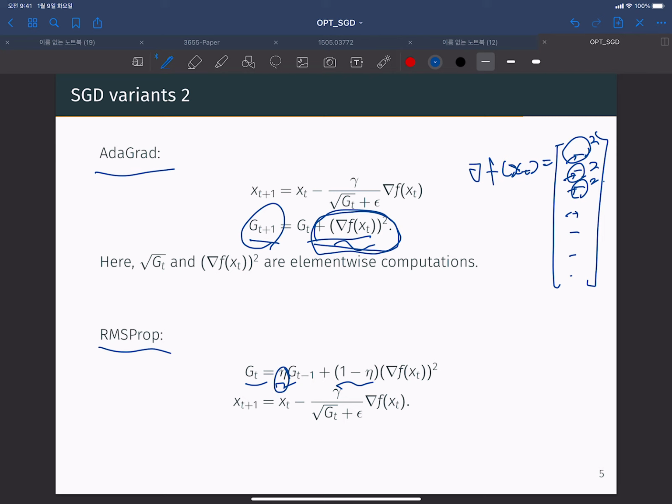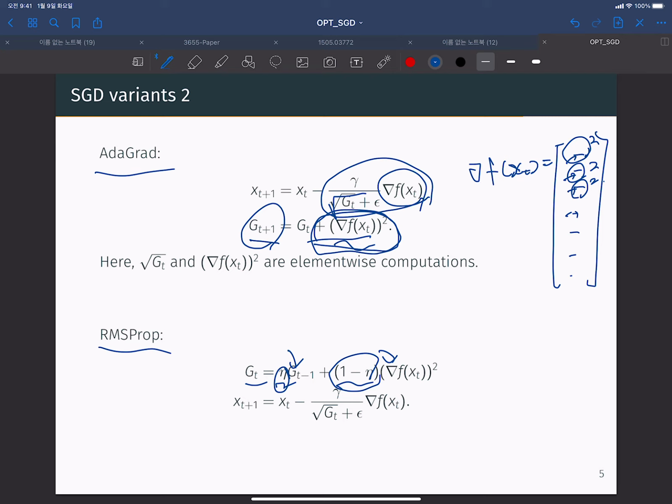It multiplies eta to the past history and multiplies 1 minus eta to the current squared gradient. And then using this summed g vector, you normalize. Okay, using the square root of g_t plus epsilon, you normalize your gradient vector.